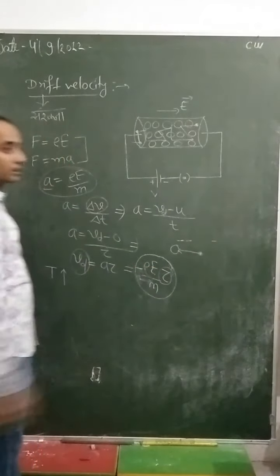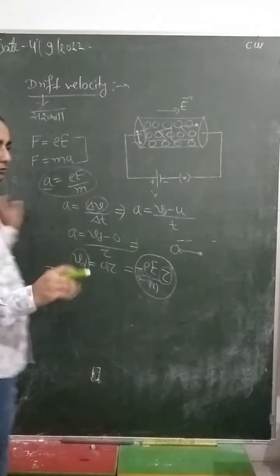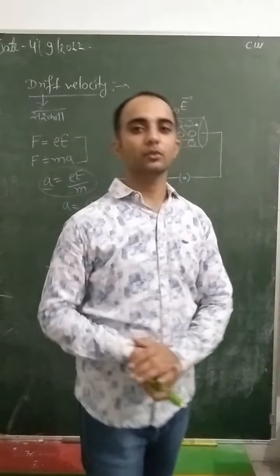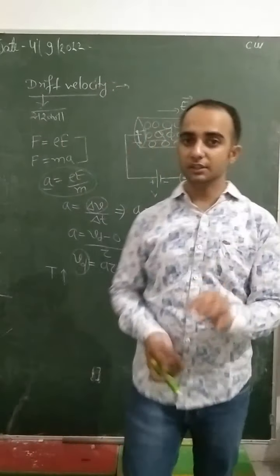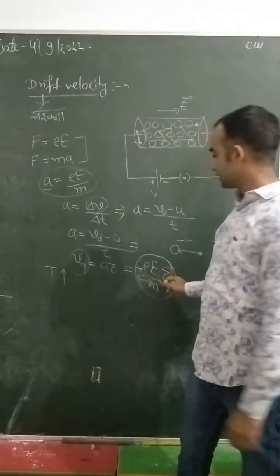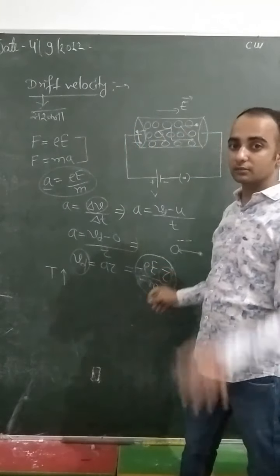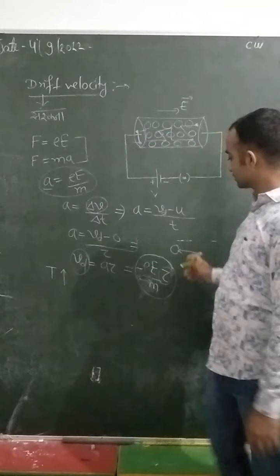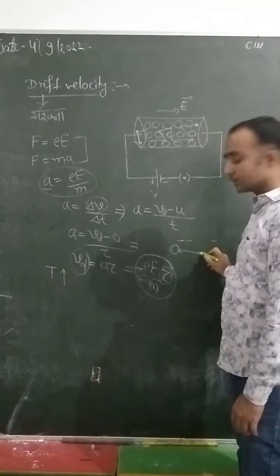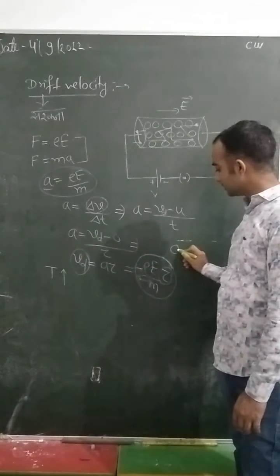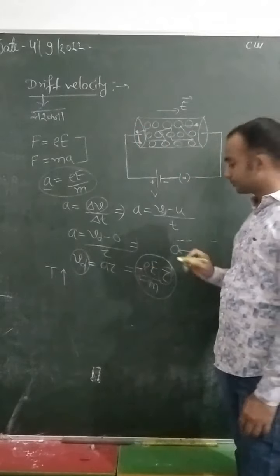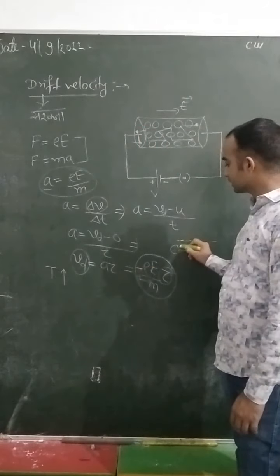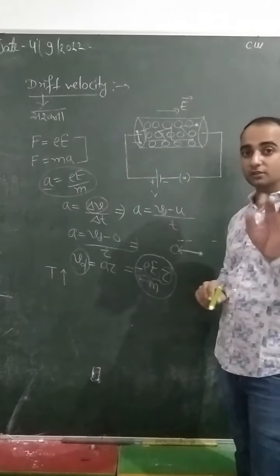Only the time of relaxation will change. And what will be the change in time of relaxation? On increasing the temperature, the time of relaxation will decrease, because the electron will move faster. On increasing the temperature, the speed of the electron will increase and it will collide in a shorter time.